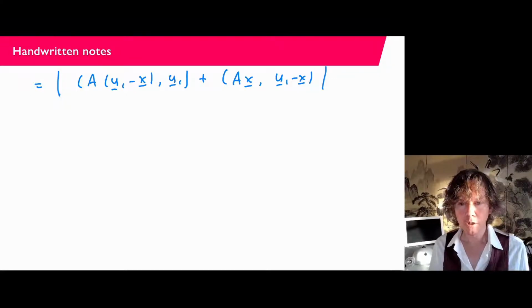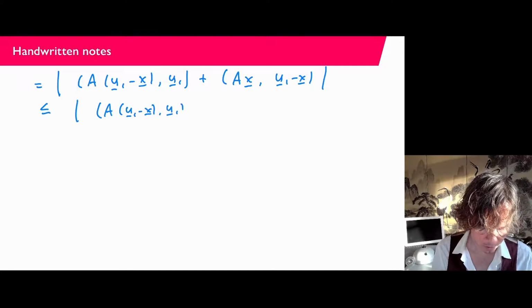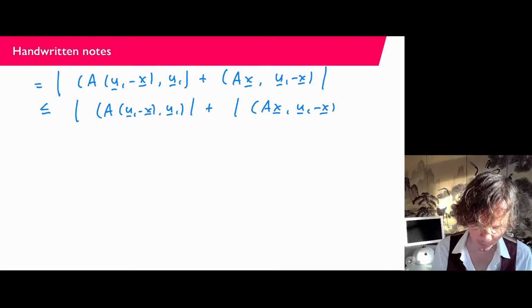But now what I am going to do is move the absolute value to the separate terms, so use the triangle inequality. So this is less or equal the absolute value of the inner product A u1 minus Ax comma u1, plus the absolute value of the inner product of Ax with u1 minus x.